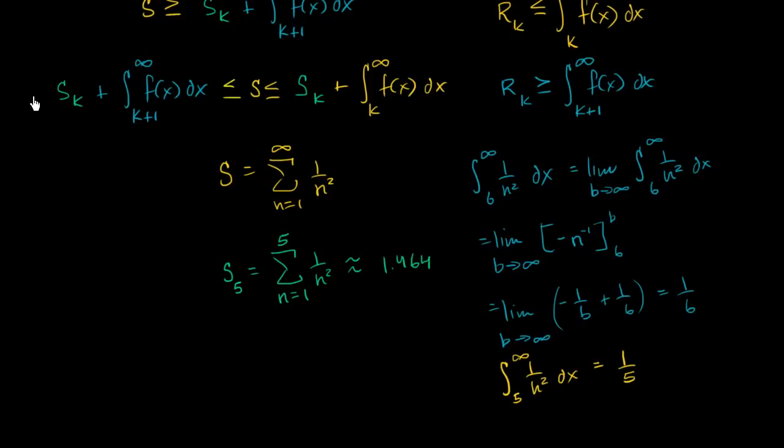We're going to have 1.464 plus, and I'm being a little bit approximate here, it's really this s sub k, which we have the exact value for in our calculator. So it's 1.464 plus 1/6 is less than or equal to our sum, which we care about, which is less than or equal to 1.464 plus 1/5.